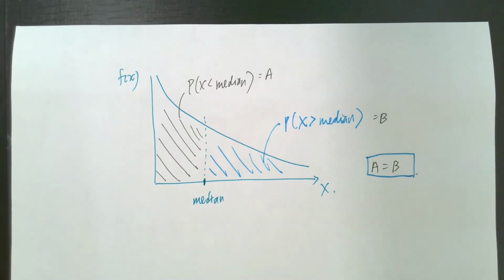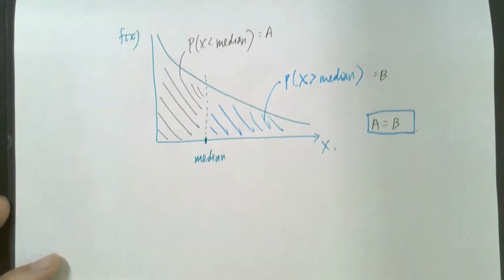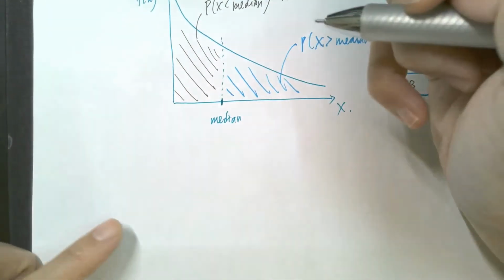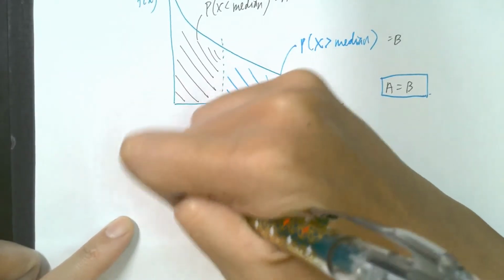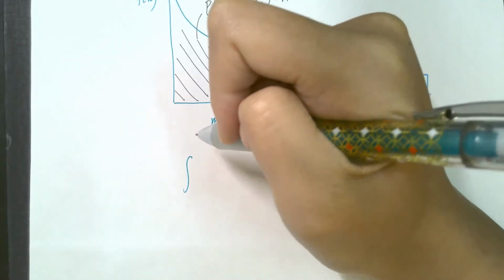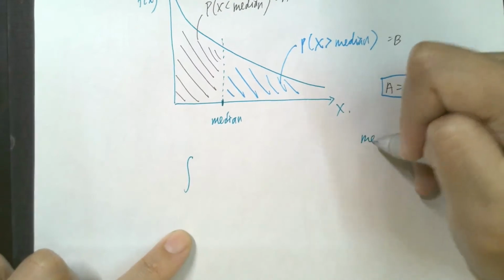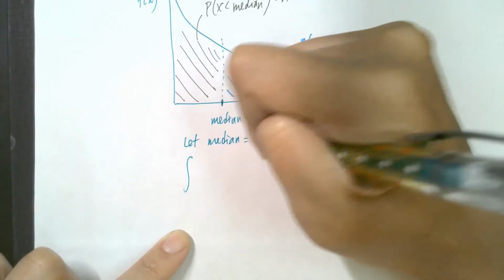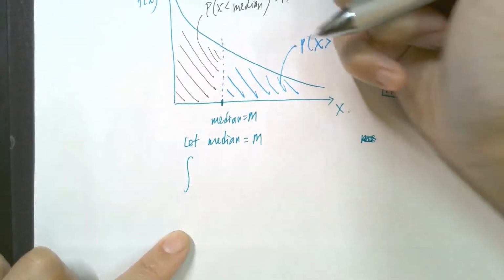And if you know that, then it would mean what? It would mean that to find the median, let the median equal m. Okay, so our median is this point m.